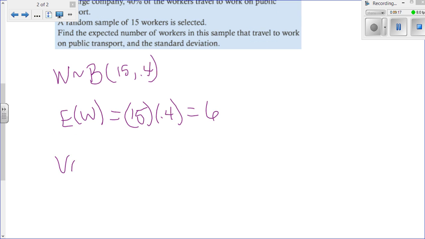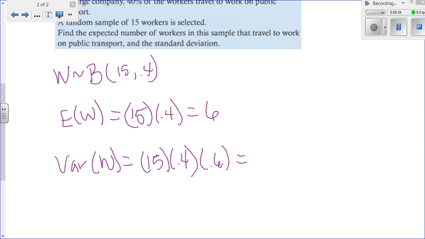And the variance of W is literally n, which is 15, times p, which is 0.4, times q, which is 1 minus p, which is 0.6. And in this case, when I multiply those all out, I would get 3.6 for my variance.